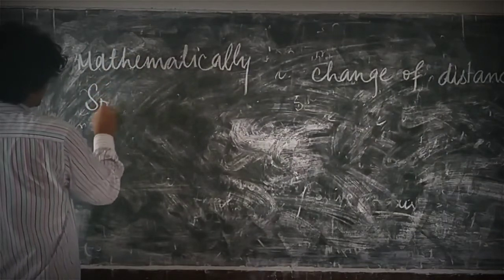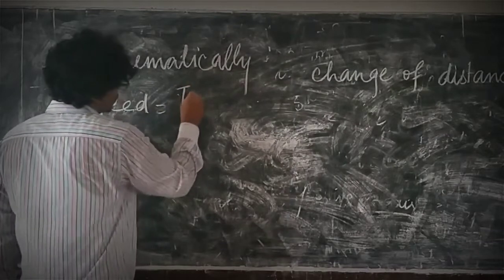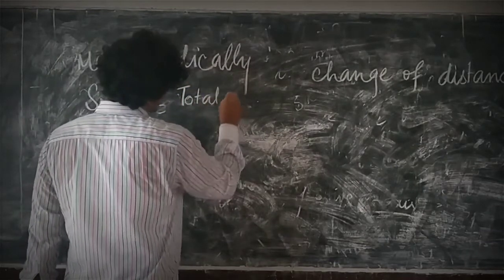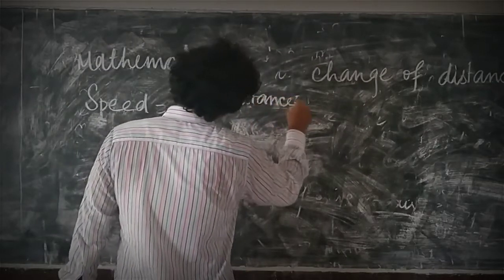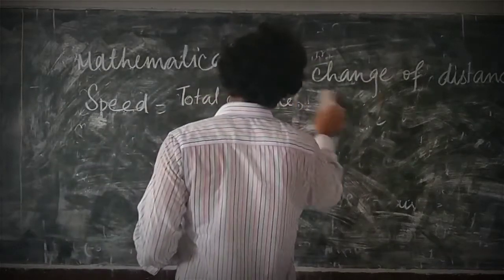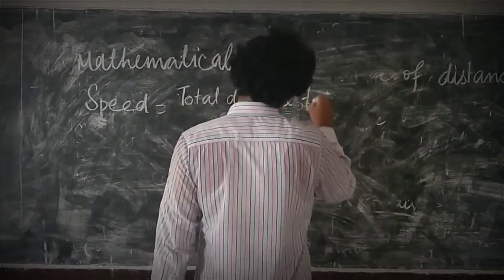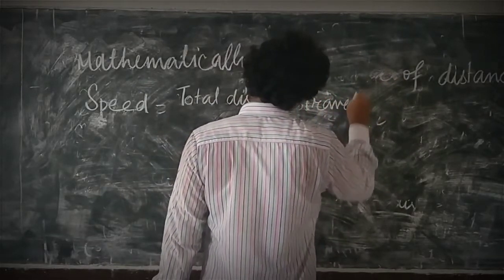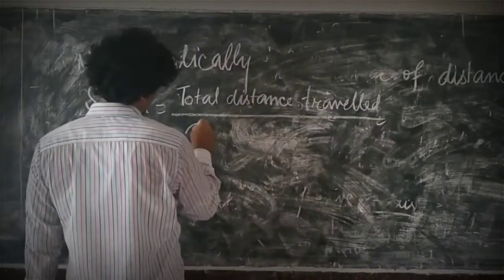Mathematically, speed is defined as speed equal to total distance traveled by total time.